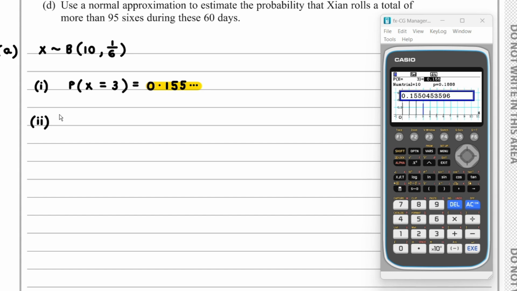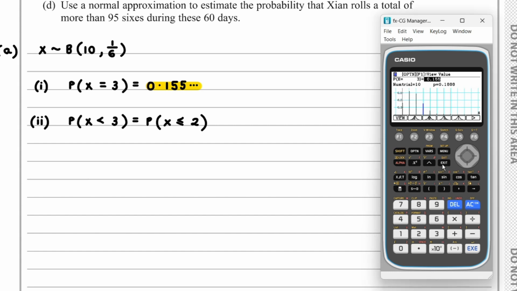Now, for the second part of part A, to find the probability that X is less than 3, we need to recognize this is the same as the probability that X is less than or equal to 2. We can change the type to x is less than or equal to by pressing F1.